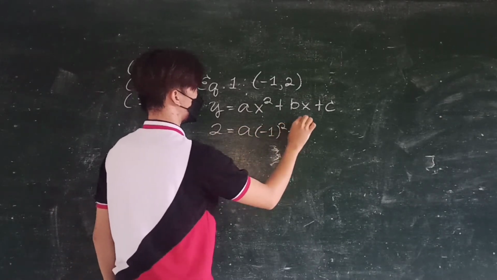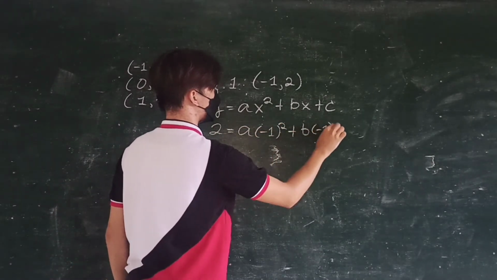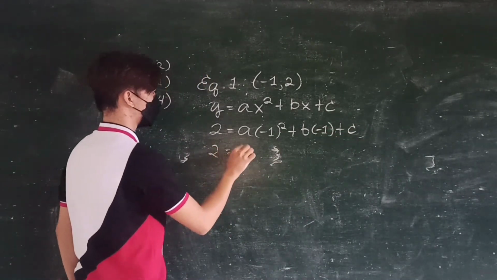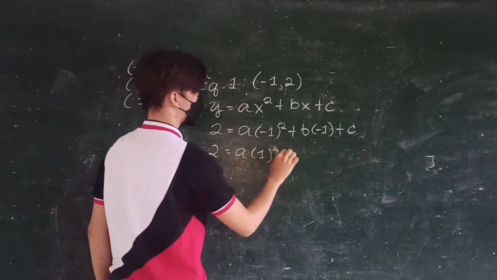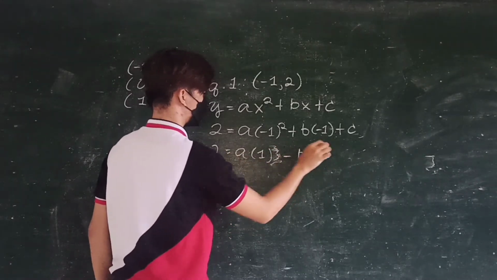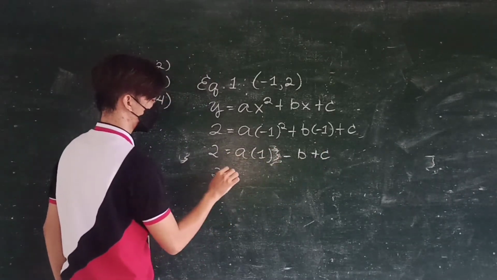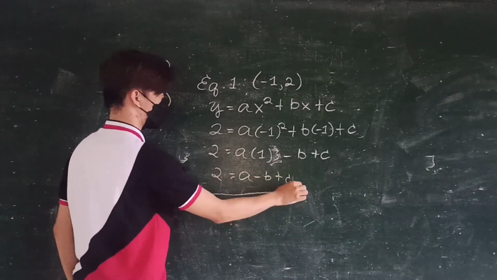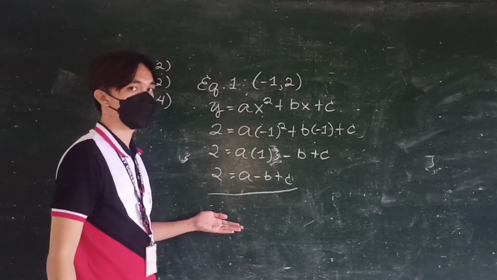So we have 2 equals a times negative 1 squared plus b times negative 1 plus c. 2 equals a times positive 1 minus b plus c. 2 equals a times 1 is a, then minus b plus c. So this is our equation number 1.